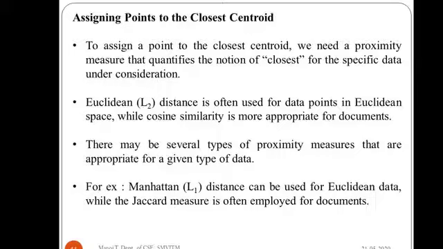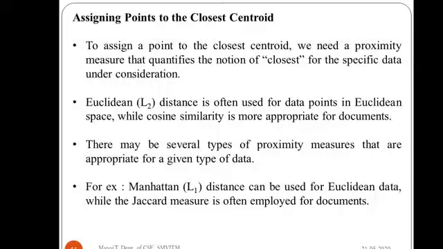It is very hard to do the computation in n-dimensional space. That's why we bring it to two-dimensional space and we call it the Euclidean space. That is L2. Euclidean distance is L2. Euclidean space means the data objects that we are going to consider.